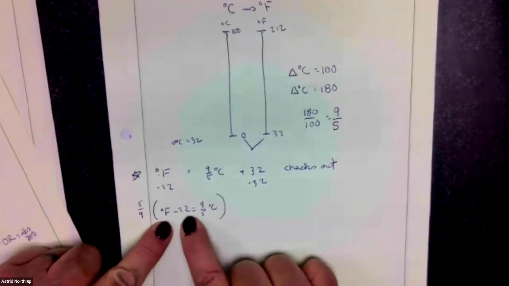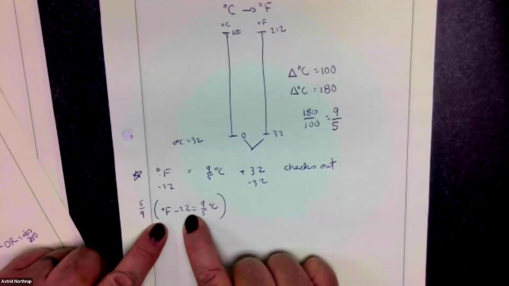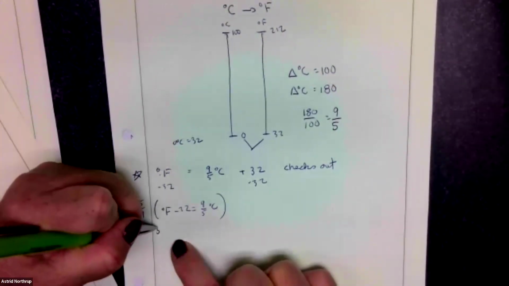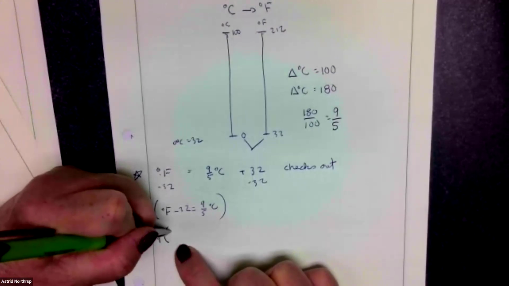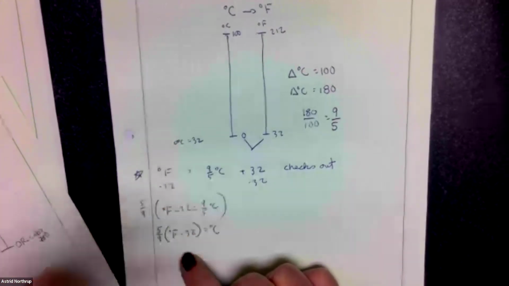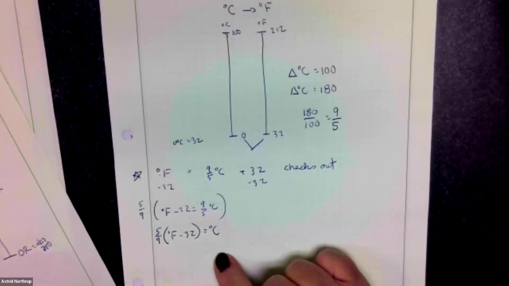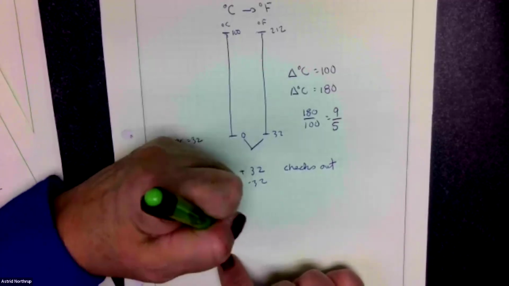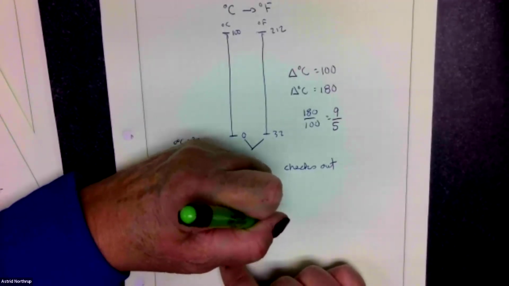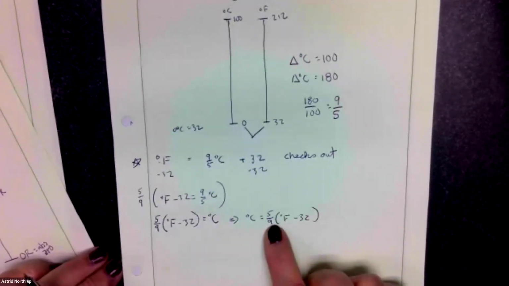And what you'll see is on the left-hand side of the equation, I have to multiply this whole parenthetical. In other words, negative 32 gets multiplied by 5/9 as well. So this is 5/9 times the quantity, degrees Fahrenheit minus 32, equals degrees C. It's always better form to write what you're solving for on the left-hand side of the equation. And when you're programming, it's not just a good idea, it's the only way it ever works. So we just want to rewrite this equation so it looks like this.